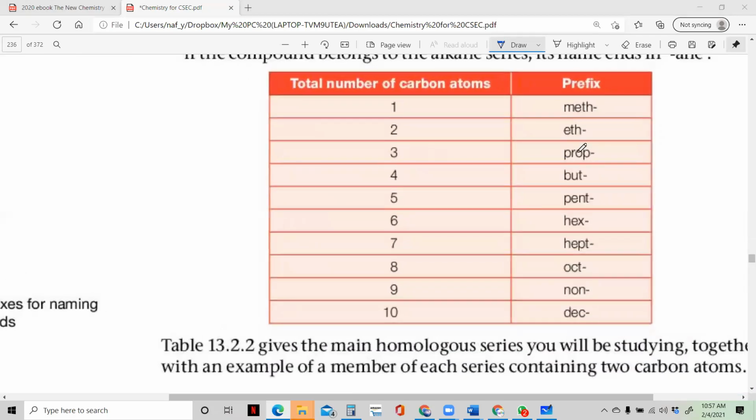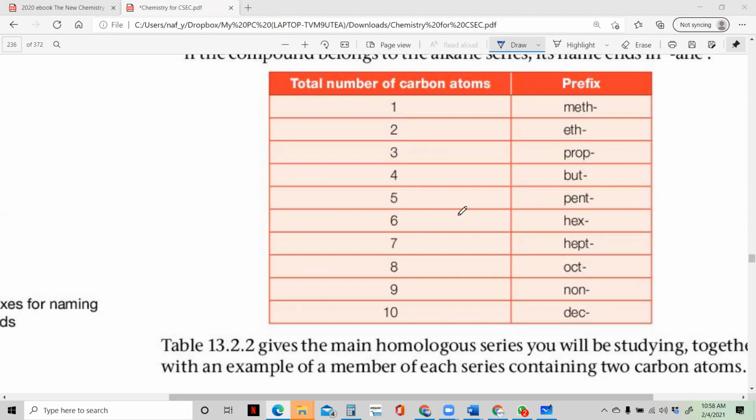If it is four, then we use but, five, pent, and the list goes down. Now, what you're going to find is that these organic compounds are going to start off with this prefix, no matter the family group that you are in.